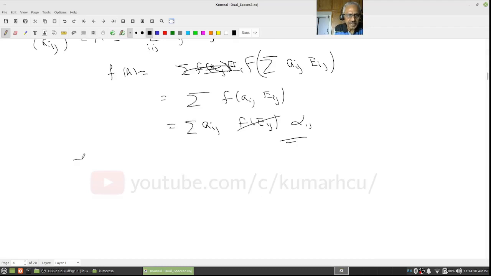But what we need is an intrinsic description. What do I mean by intrinsic description? These are things which are a little more advanced, but usually teachers avoid at BSc level, but I would like to say what it is.